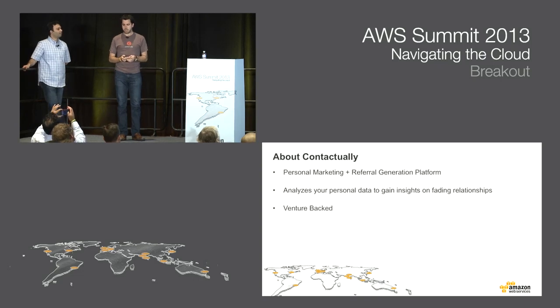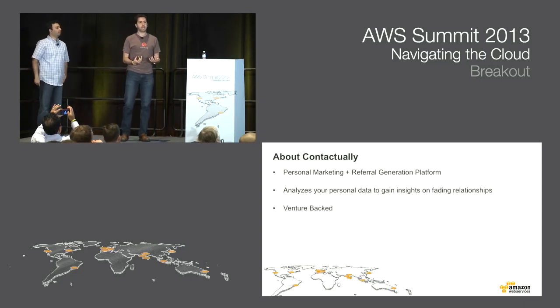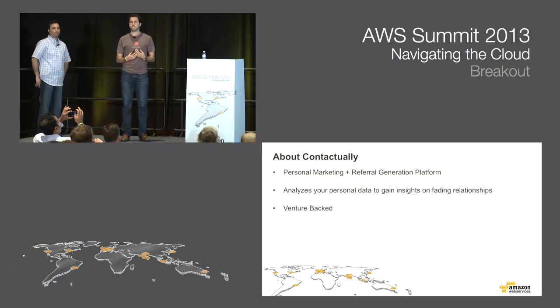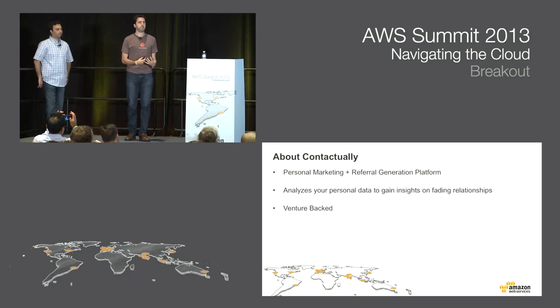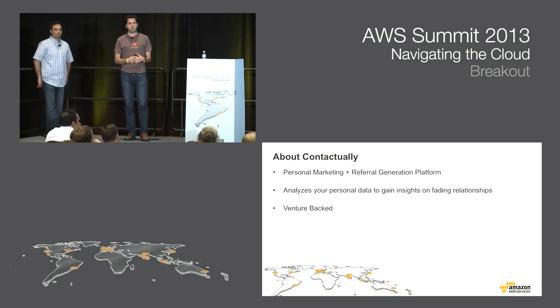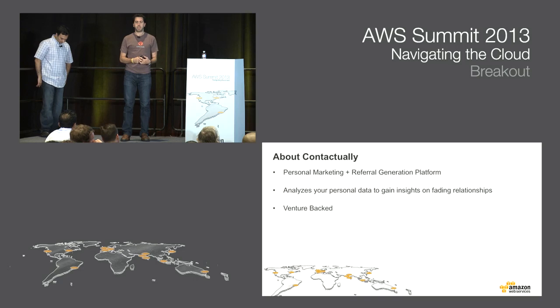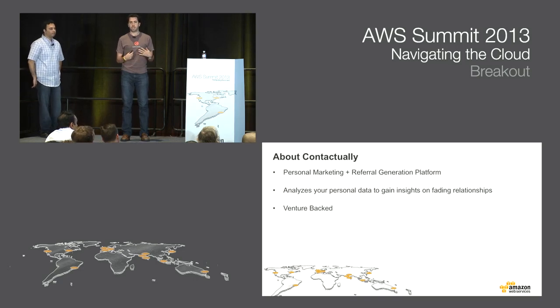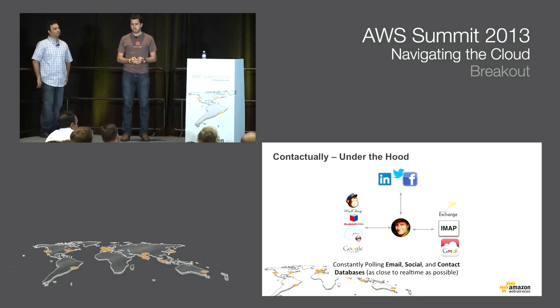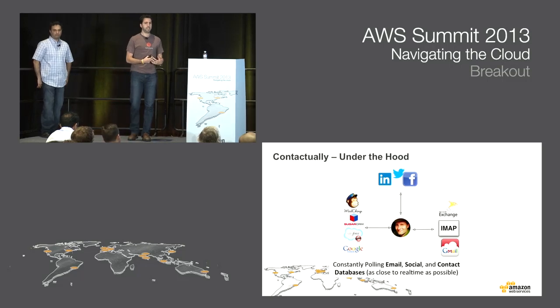Contactually is a contact management system that focuses on relationships. So, we try to enable our users, both individuals and teams, to harness the power of their network and relationships without spending hours each day manually entering data into a database. To accomplish this goal, we do a lot behind the scenes.